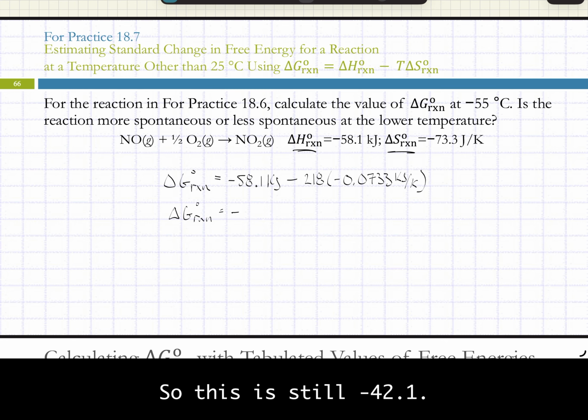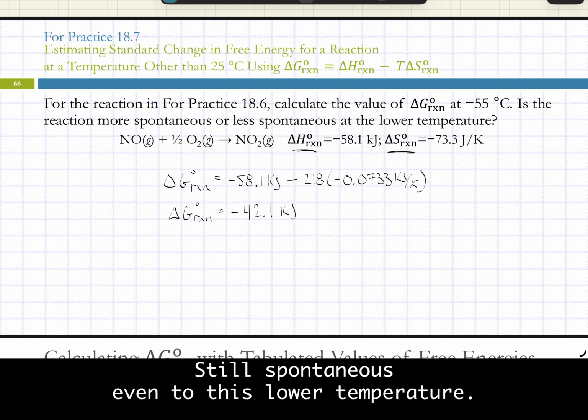So this is still negative 42.1 kilojoules. So is this spontaneous? Yeah, still spontaneous, even at this lower temperature.